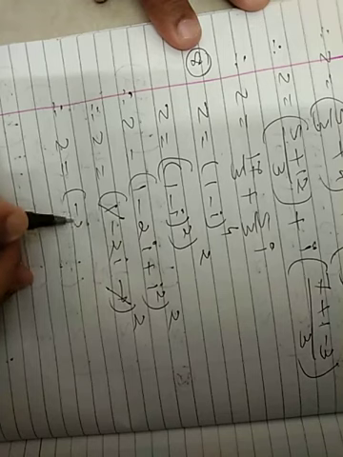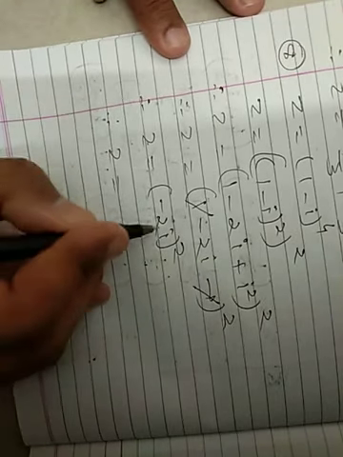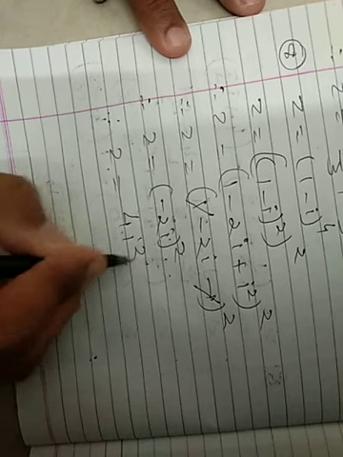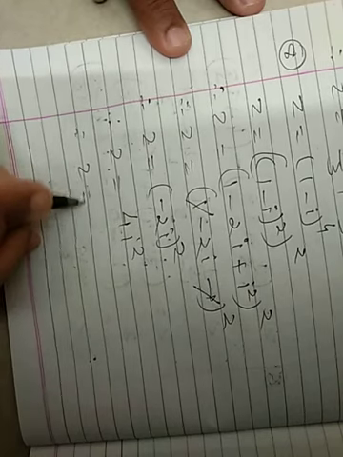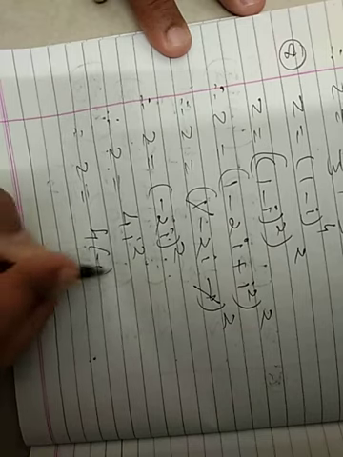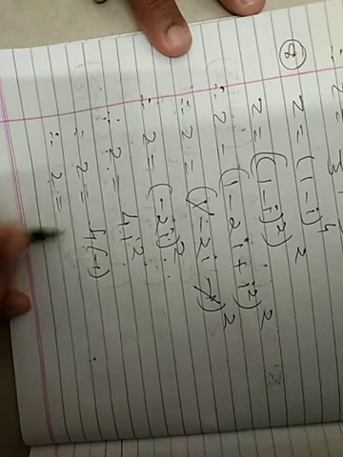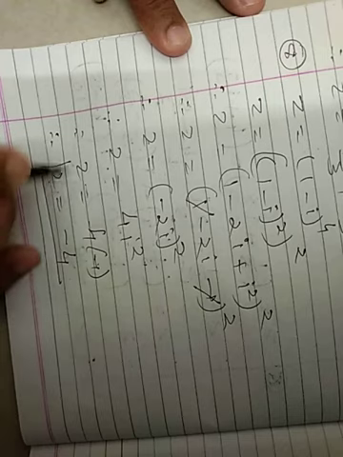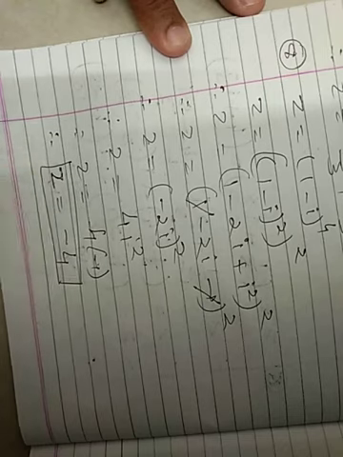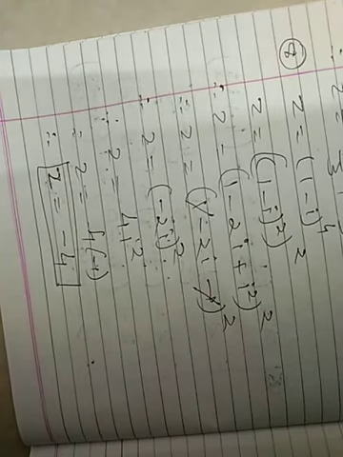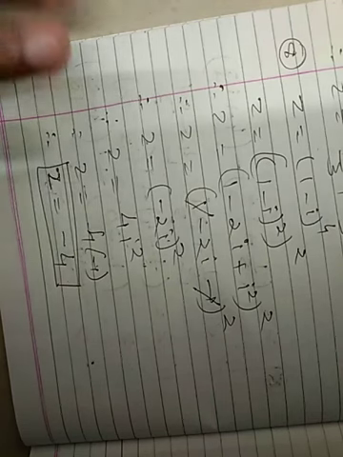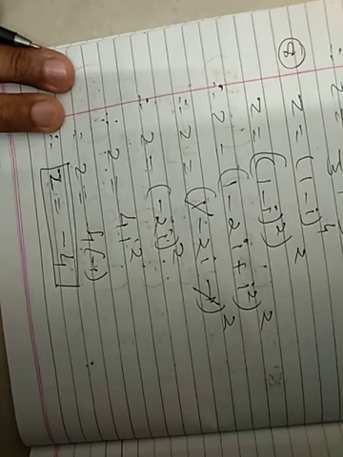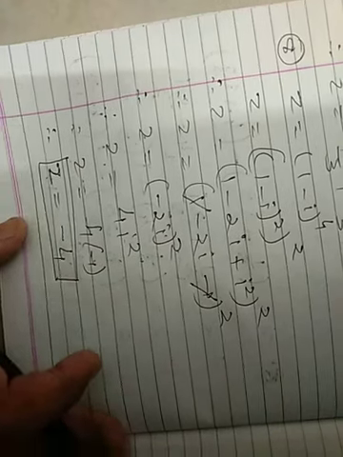Therefore z is equal to minus 2i square. Minus 2i square means 4i square, and i square equal to minus 1. Therefore 4 into minus 1 equal to minus 4. Therefore z is equal to minus 4.